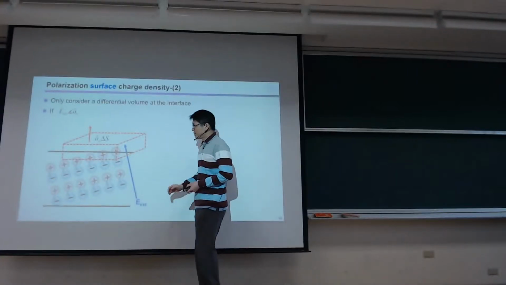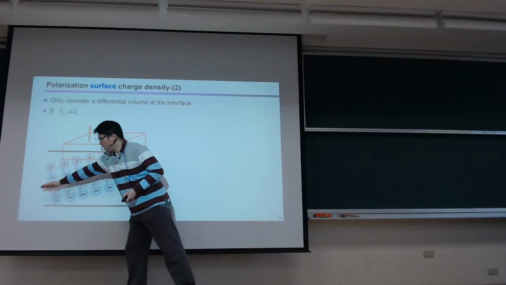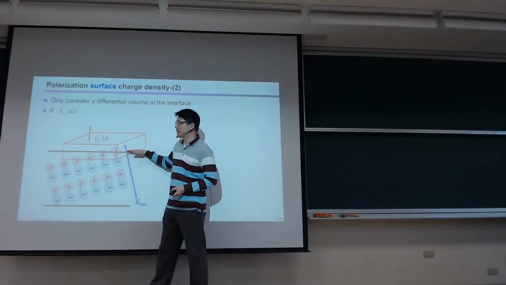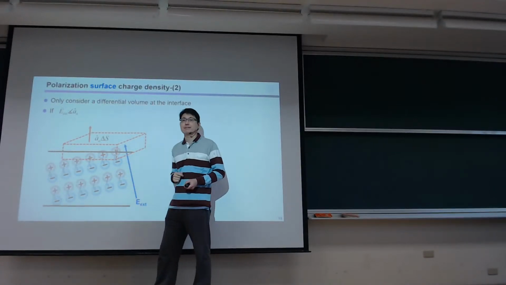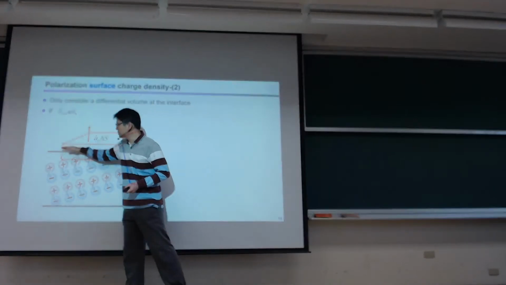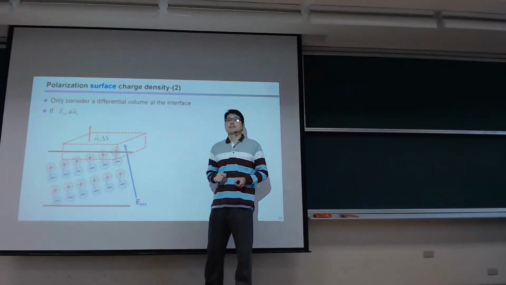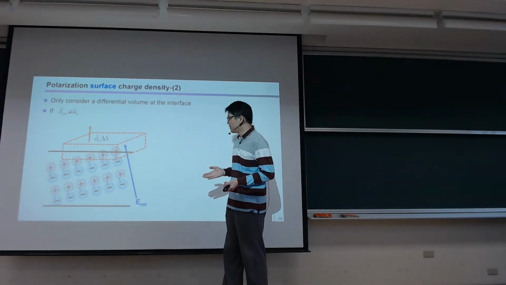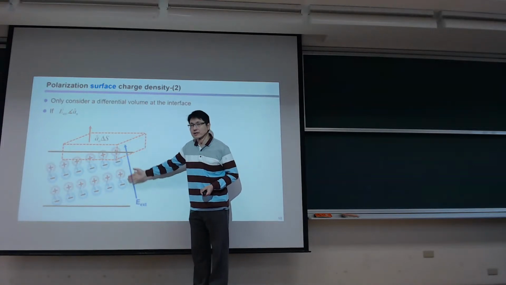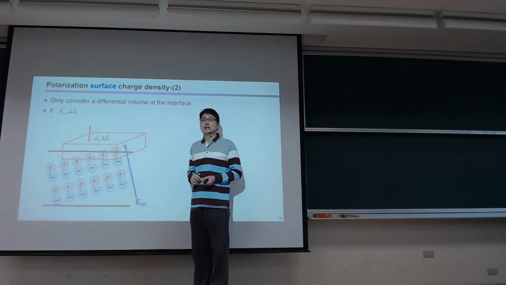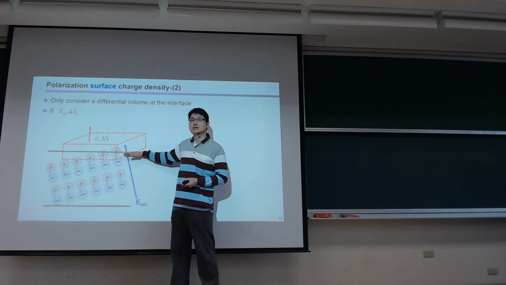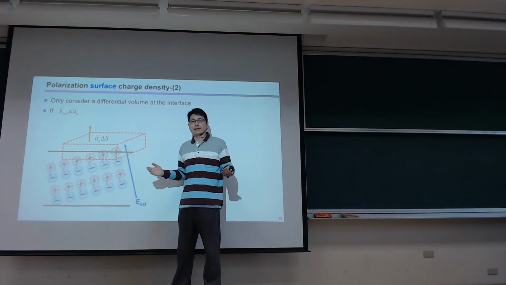Suppose my material geometry is defined by the black line. So I have two surfaces, the top surface and the bottom surface. But it is possible that my externally applied field is having some angle to my geometry. Right? It's perfectly fine.